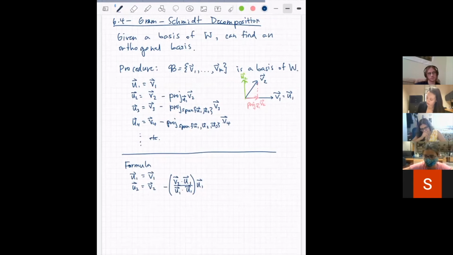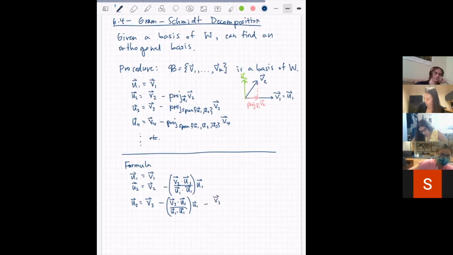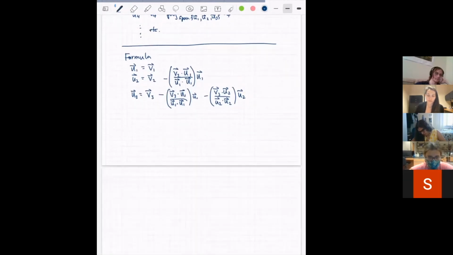Okay, and then for U3, we start with V3. We subtract off the part of this vector that is in the direction of U1, as well as the part of this vector that is in the direction of U2. So that ends up being this projection onto U1 minus also the projection onto U2. Okay. And then we would just keep going in this manner.